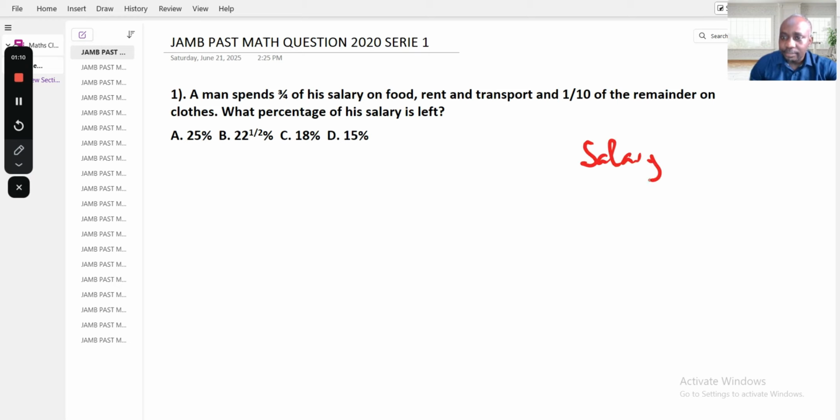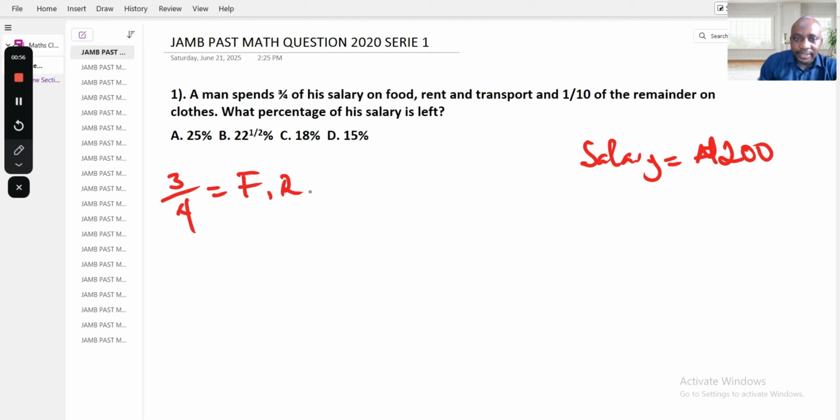The man is earning 200 naira salary. We were told that the man spent three-fourths on food, rent, and transport. When you divide 200 naira by 4, you get 50 naira.